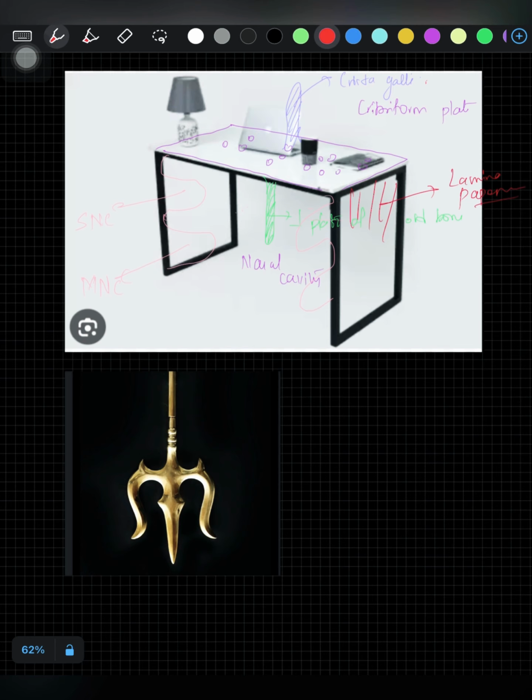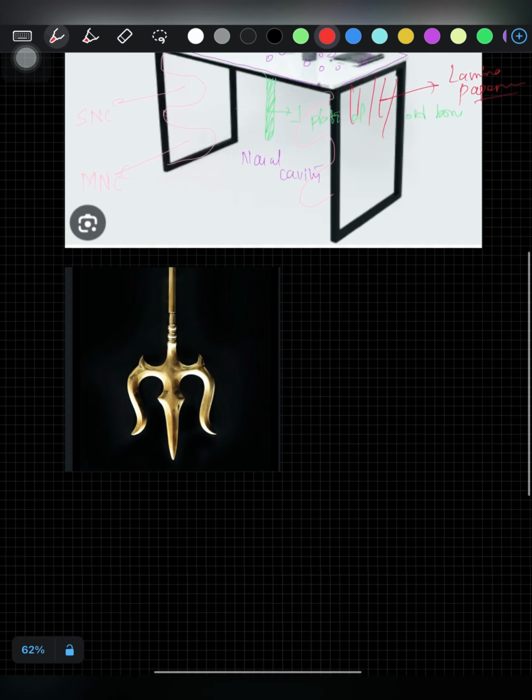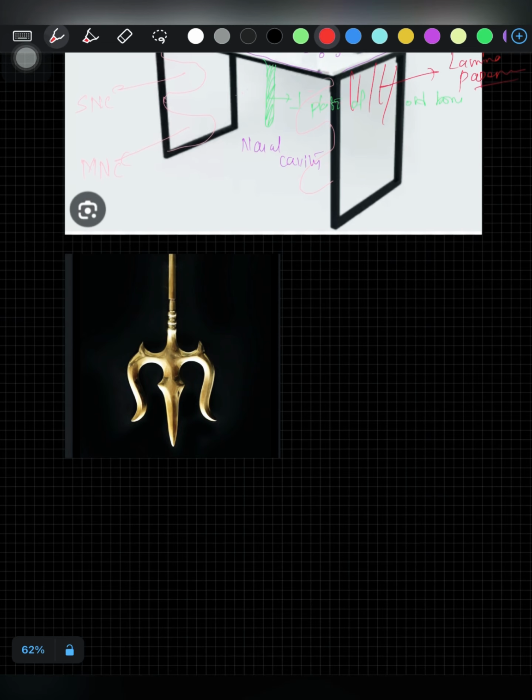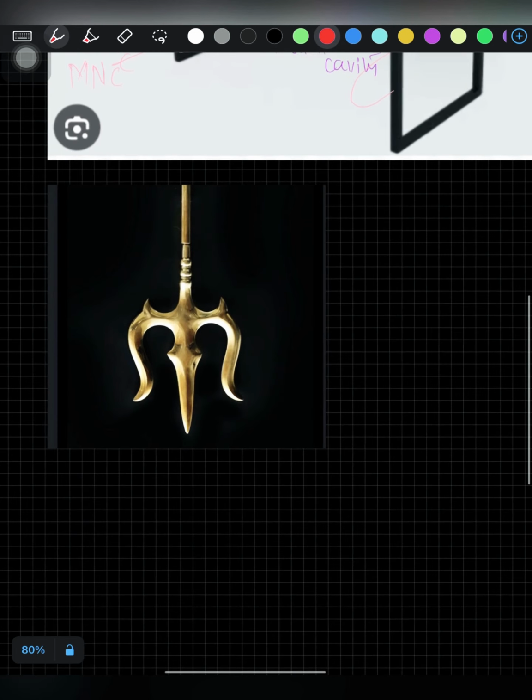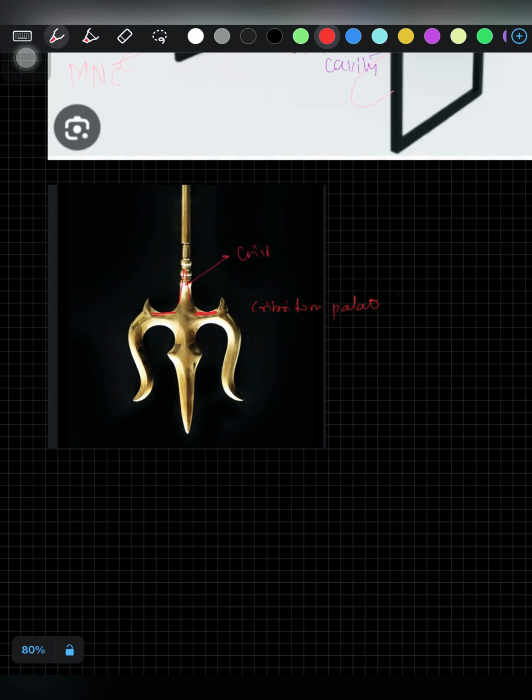And this also can be compared to a trident used by God Shiva. It's like a weapon. So the flat ends here are the cribriform plate. Now the upper projection is crista galli, but it's more towards posterior. This is just a comparison, not the exact structure of ethmoid, but it will help you retain this information for a long time.